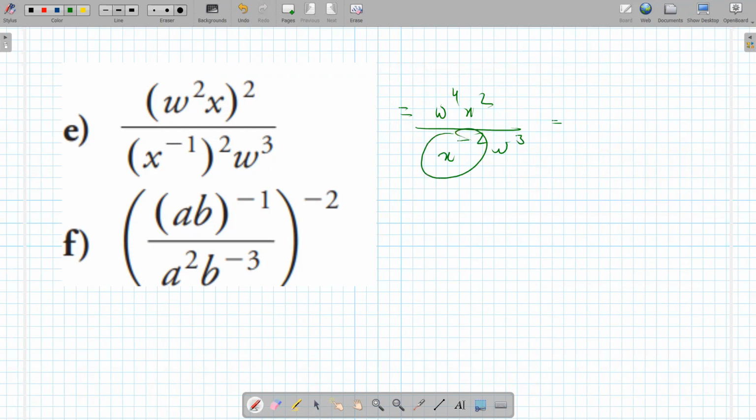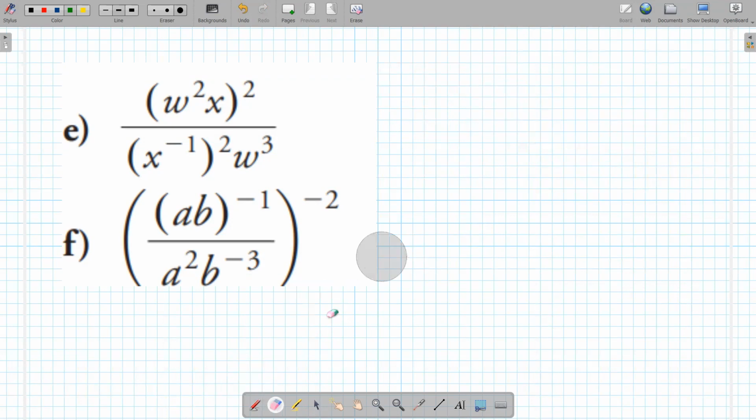You can either take this up or bring this down so that we have x's on the same side. Which one's better? You bring it up. Yeah. If you bring it up, it's going to be x to the 4. What about the w's? What does that simplify to? Just w. Just w, and we're done.